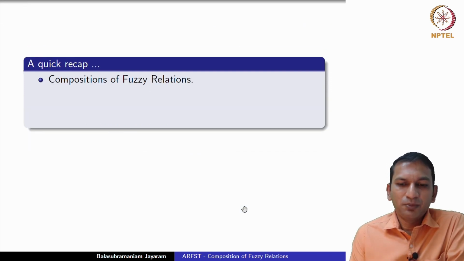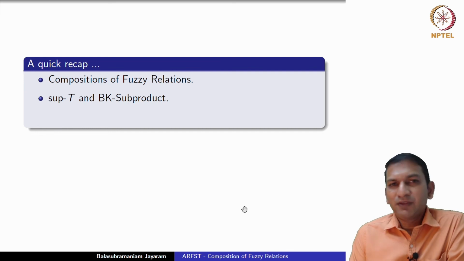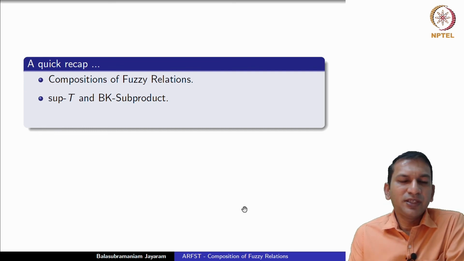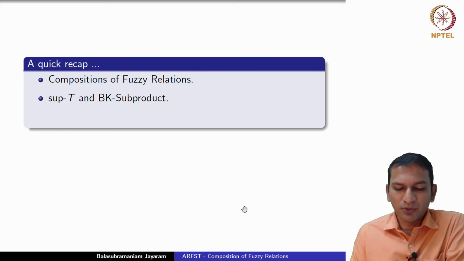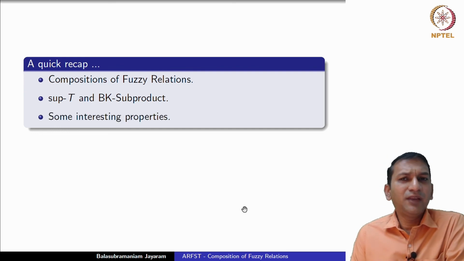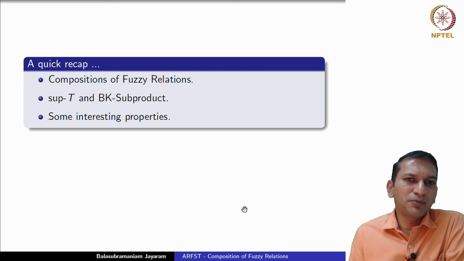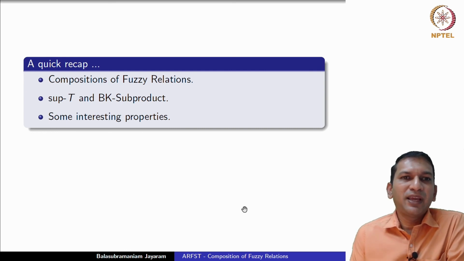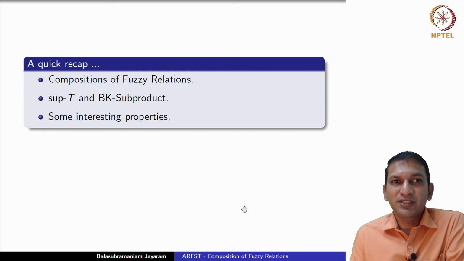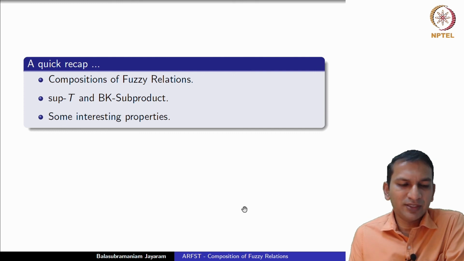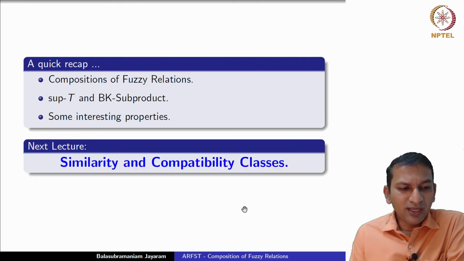We have discussed compositions of fuzzy relations, and we have seen in the case of fuzzy relations, we could have different interpretations and hence different possibilities, which led us to talk about sup-T and Inf-I composition or the Bandler-Kohout subproduct composition. And we have also listed out some interesting properties which will come up again when we discuss inference systems, especially fuzzy relational inferences.